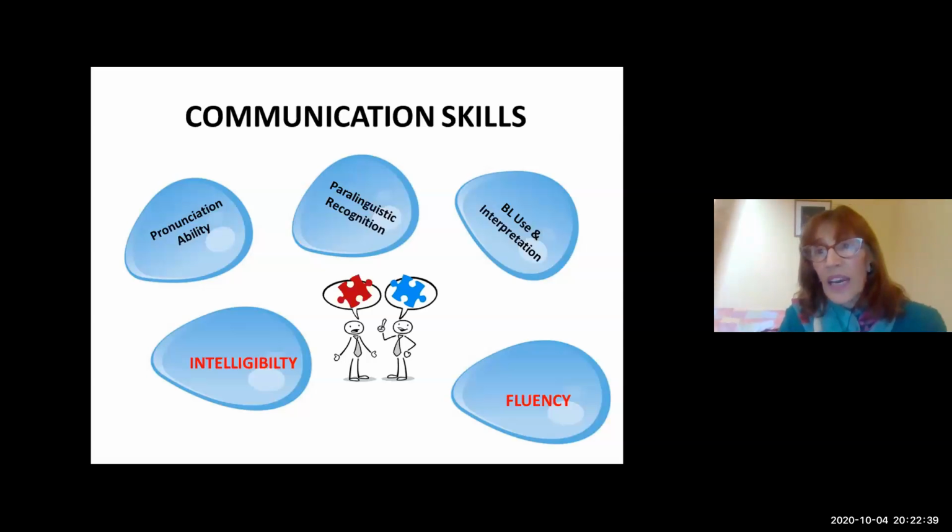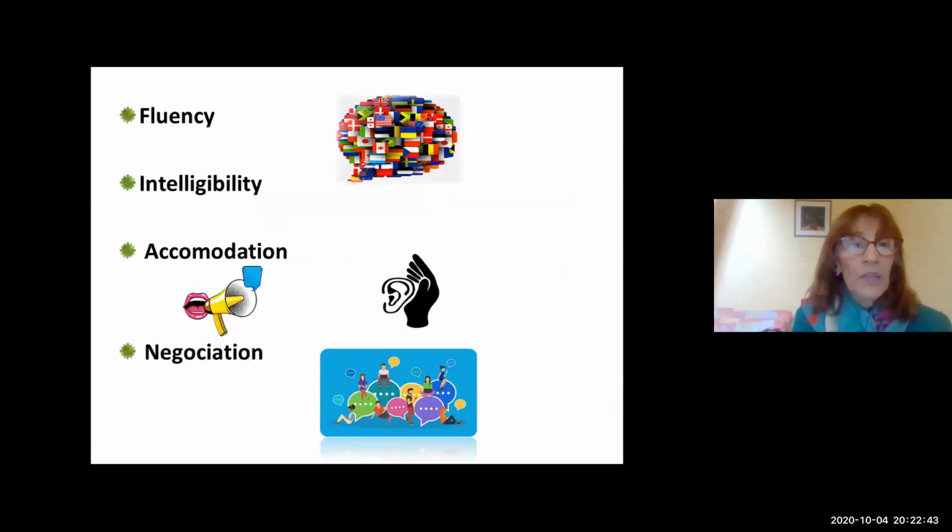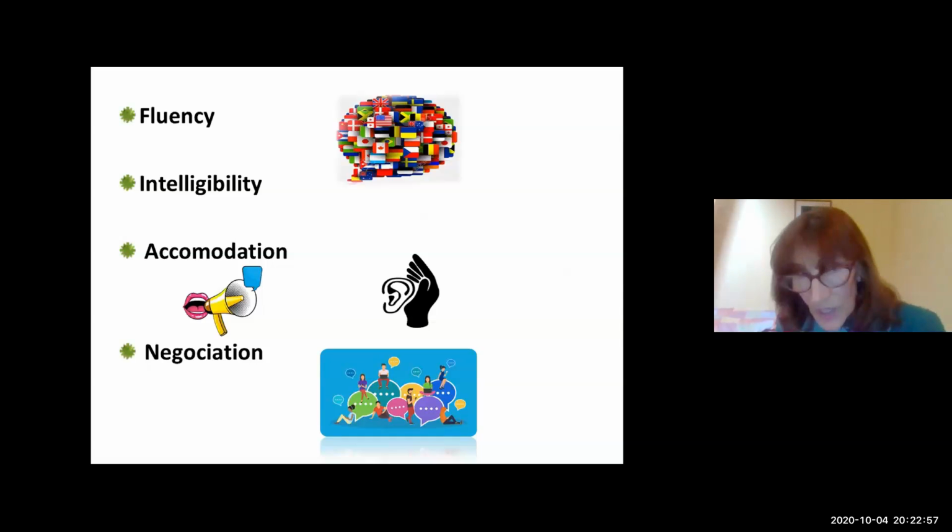Intelligibility and fluency are key factors in communication. Fluency is the ability to have a good command of the language, and intelligibility has to do with speech clarity. If you are not understood, this means that your speech is not intelligible.